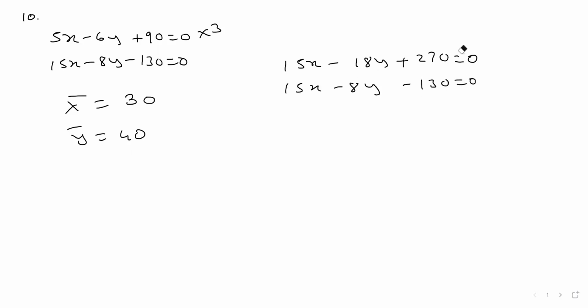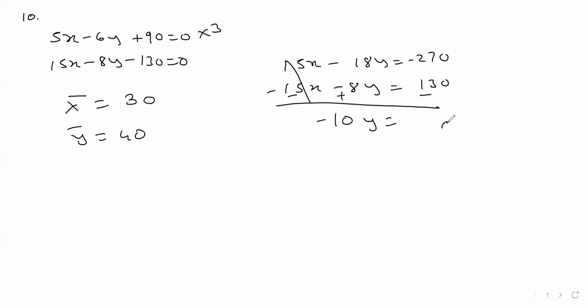Now I'll subtract. So 15x goes away, minus 18 and plus 8 will become -10y, and this will be -400.